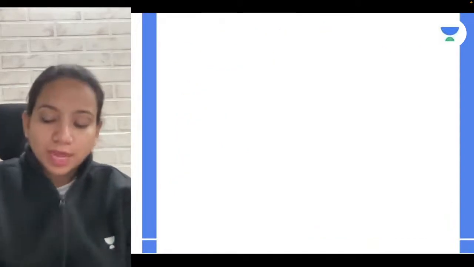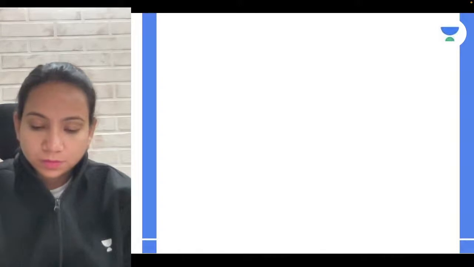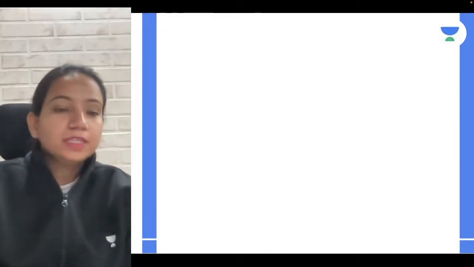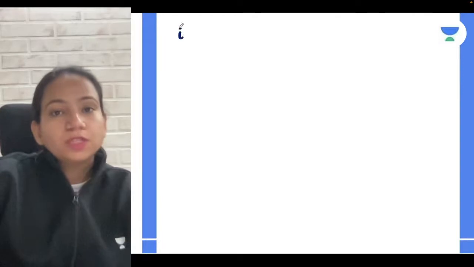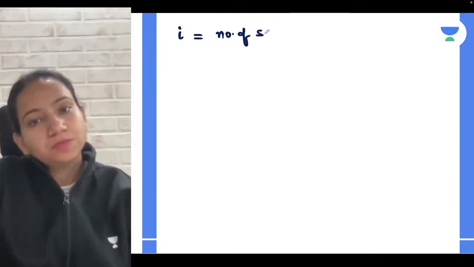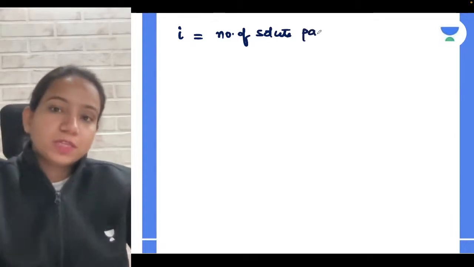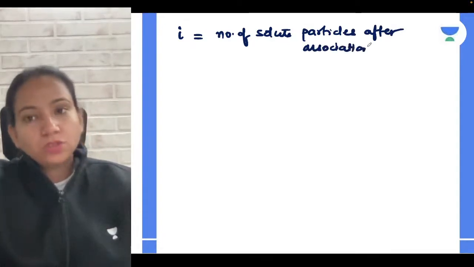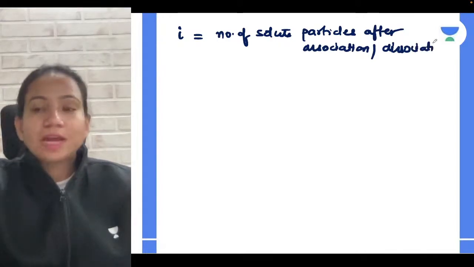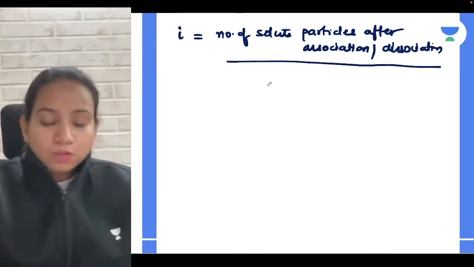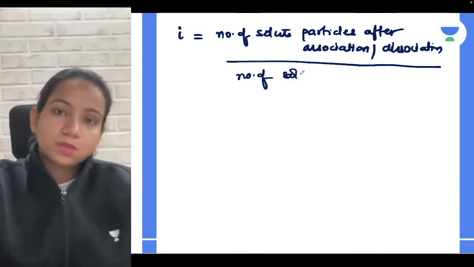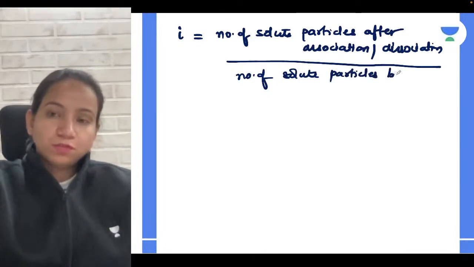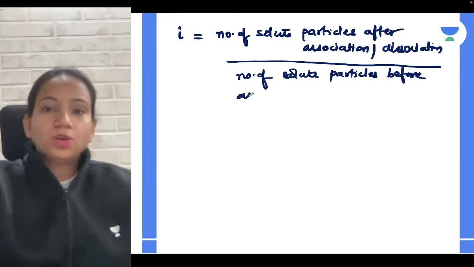And now next, how can you calculate that? There is one more way by which you can calculate it, which is the number of solute particles after association or dissociation, divided by the number of solute particles before association or dissociation.